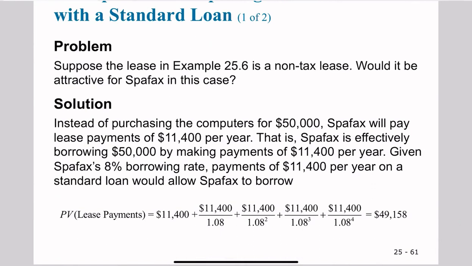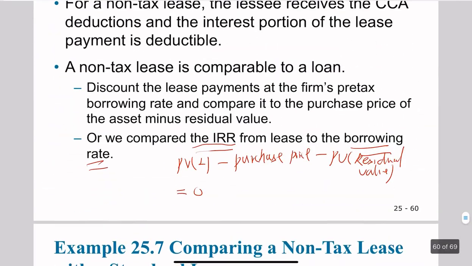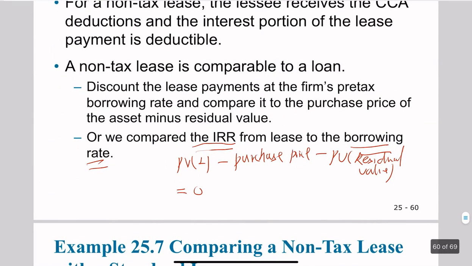So suppose the lease in the last example is a non-tax lease. Will it be attractive for SpotFax in this case? So now let's pursue this question with two methods. We will first compare the discounted value of the lease payment with the difference between the purchase price and the residual value.